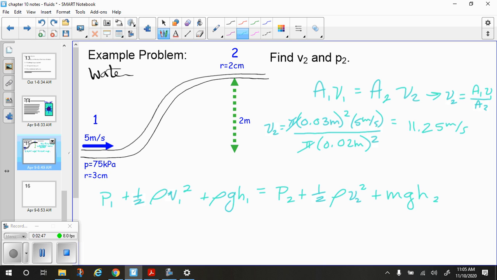So now we are solving for P2. I'm going to isolate P2 here by subtracting over this term and this term. When I subtract this term over, the 1/2 and the rho are the same, and then your velocities are different. And then when I subtract this over, oh, I put an M. That's supposed to be a rho.